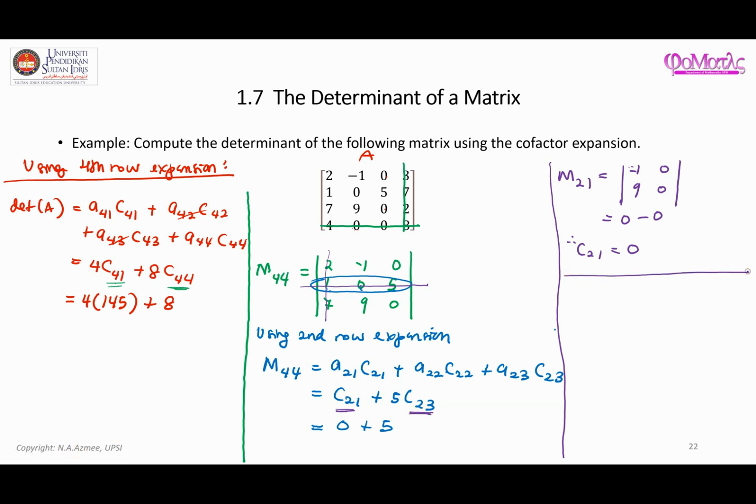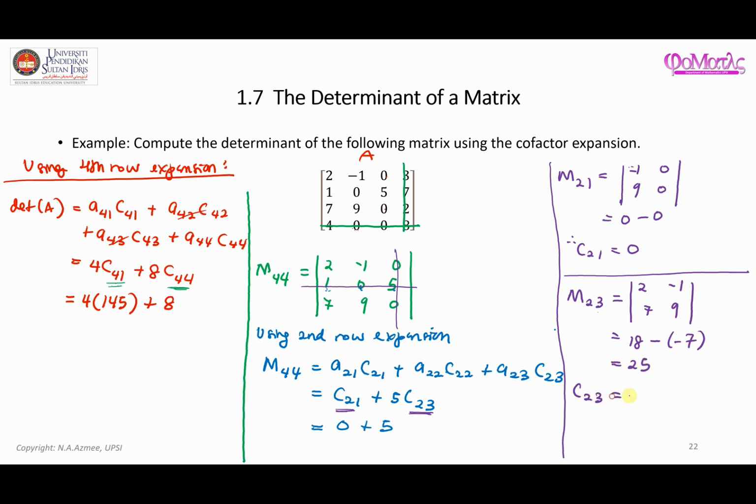To find C23, we need to start off with finding M23, which can be obtained if you consider deleting the second row and the third column. So here you have values of 2, -1, 7 and 9, and so the determinant of this 2 by 2 matrix can be found easily by multiplying 18 minus -7, which is equal to 25.